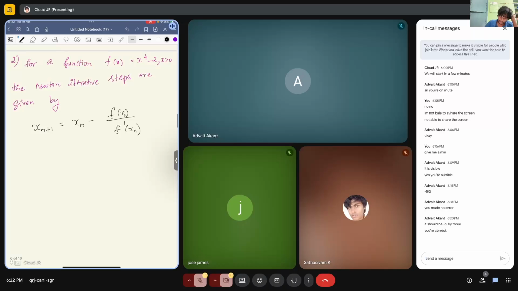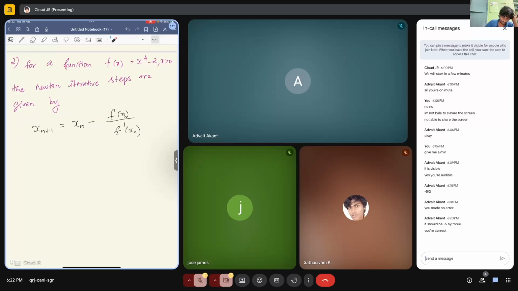So write it in this form for this particular function. The question that I looked at has some options. So you just have to compute f prime of x. f prime of x is nothing but 4x cube, the minus 2 will go away.